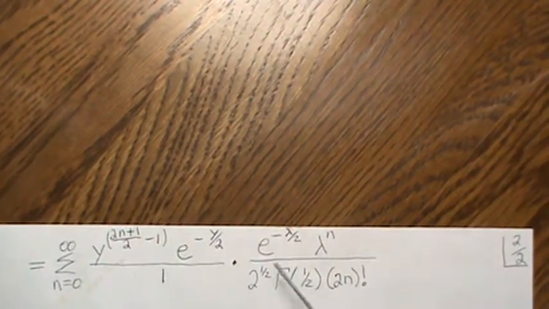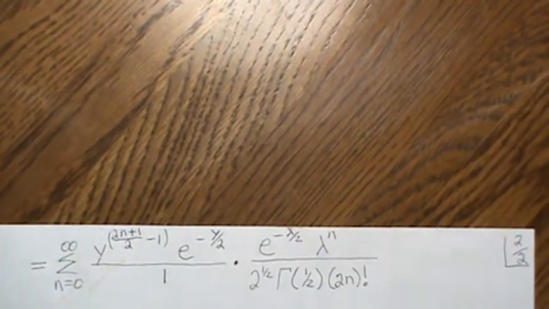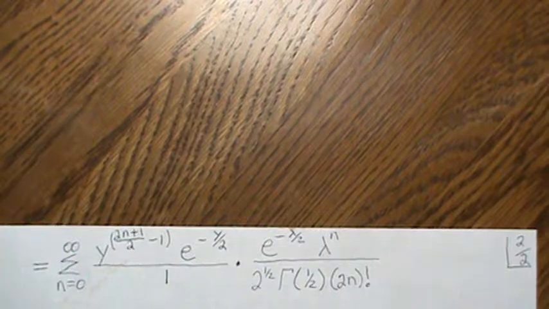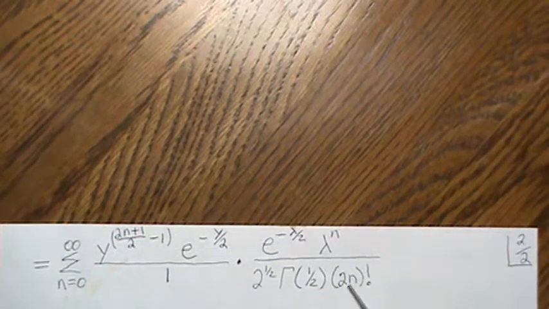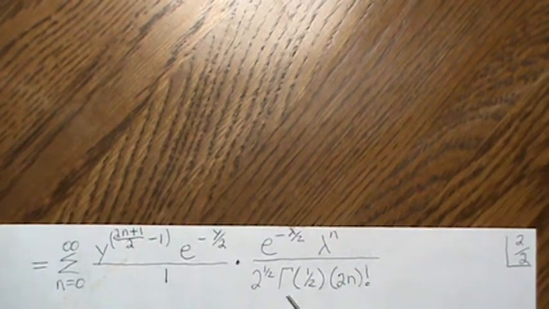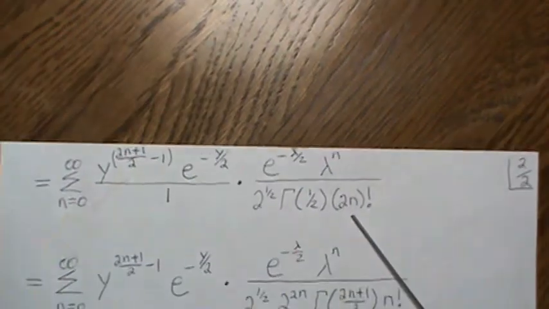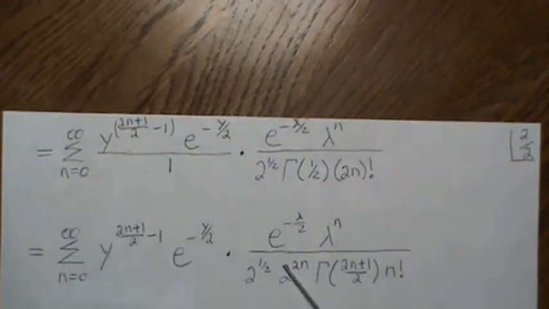The e's were separated, and then all the junk that was over here we just put over here. Now the next step is this piece here, the gamma of 1/2 times 2n factorial. Now on page 1 we have an identity for that, and it was this. So for this piece we plugged in this.